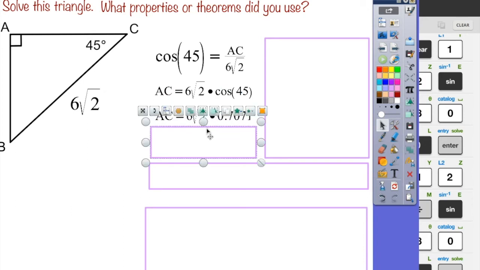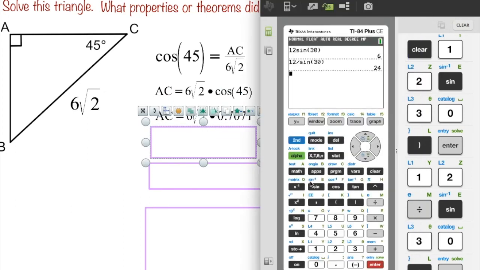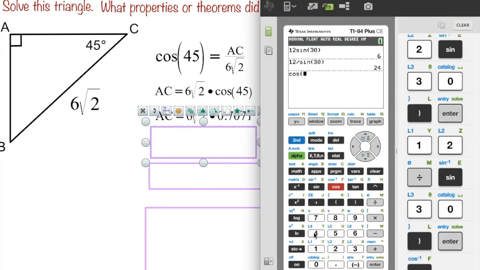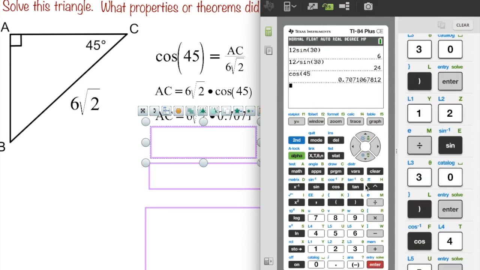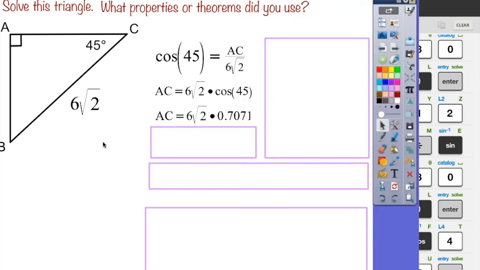And if I type into my calculator cosine of 45, I get 0.70710. So since I want 4 decimal places, I stop at the 1. So 6 square root 2 times 0.7071 is equal to 6.